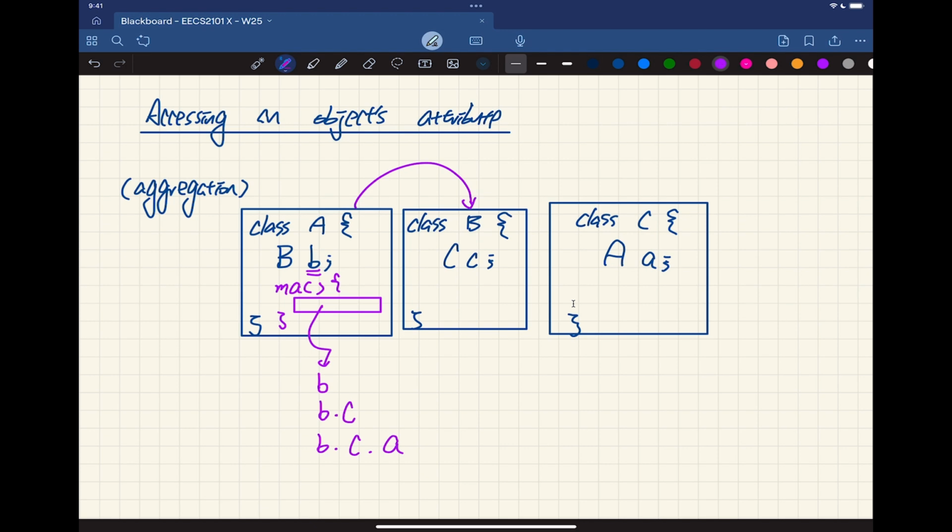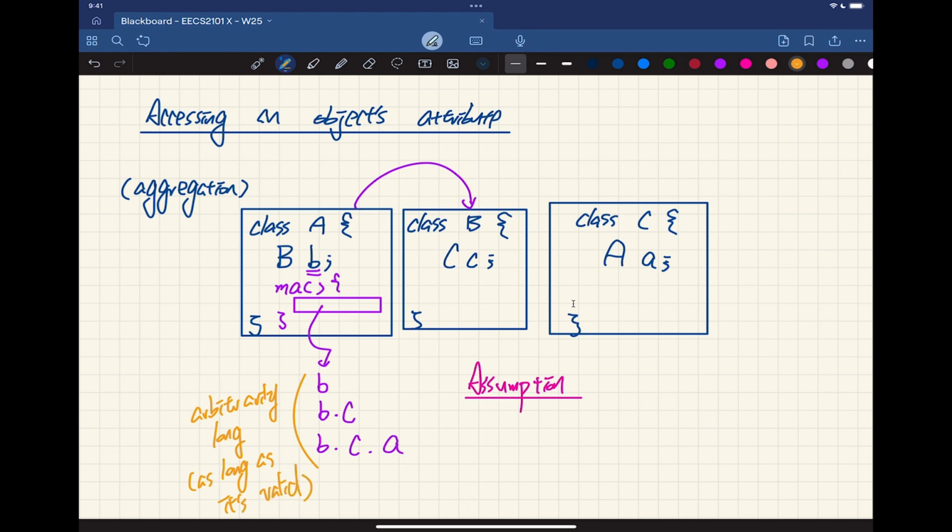Important assumption. First of all, let me say the dot notation here can be arbitrarily long as long as it's valid.